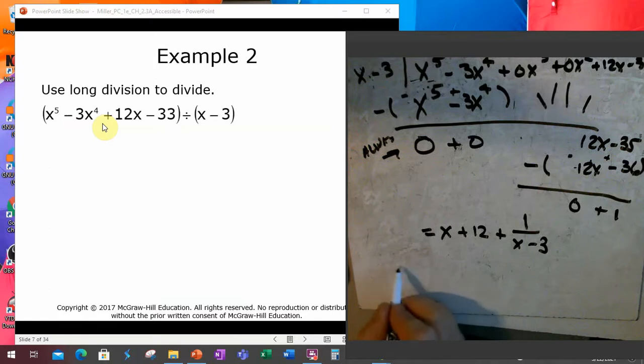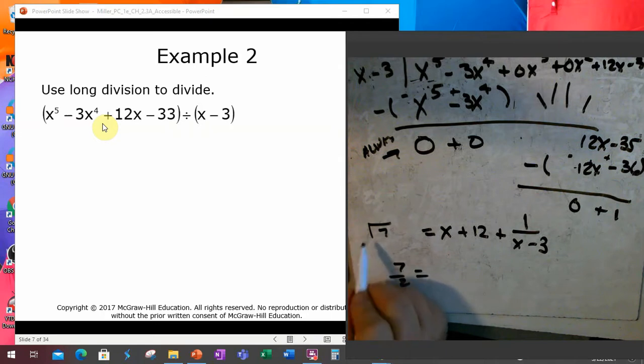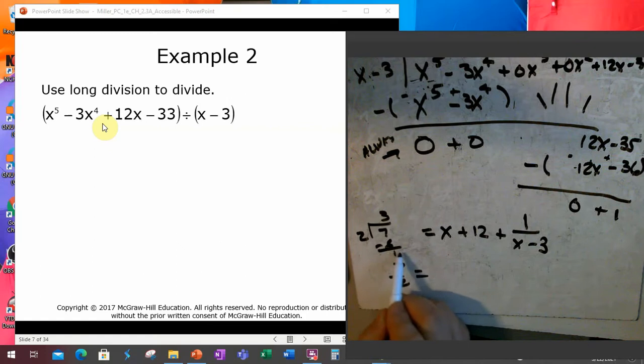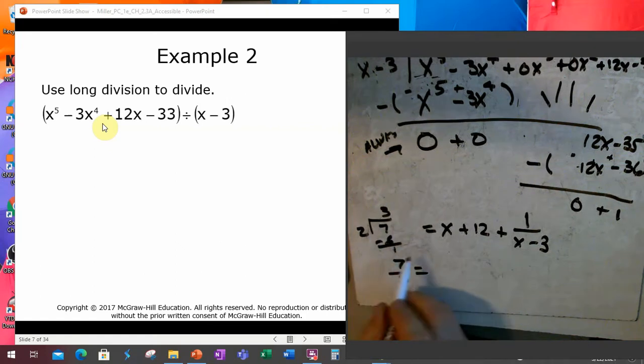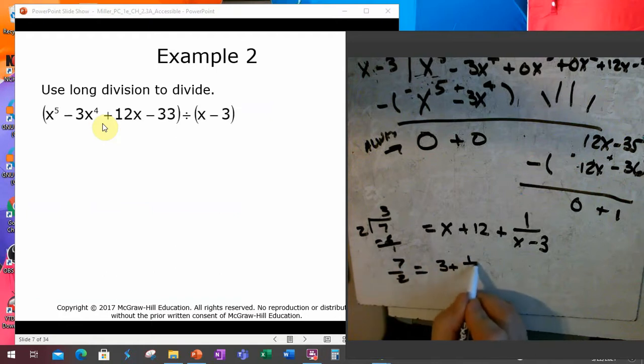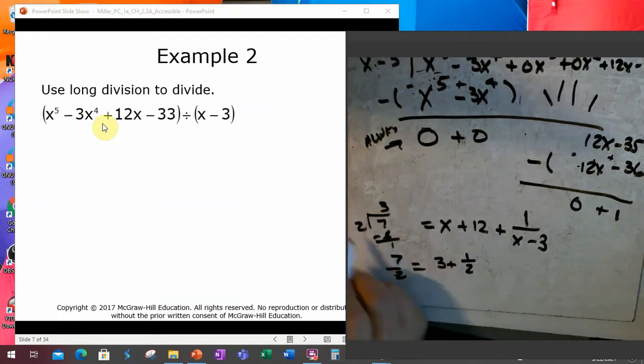Just like if I divided 7 by 2, here's my 7, divide by 2, 3 times 2 was 6, subtracted, I get a 1. Here's my remainder, but this result is 3 plus 1/2. This I couldn't do once I got down smaller.